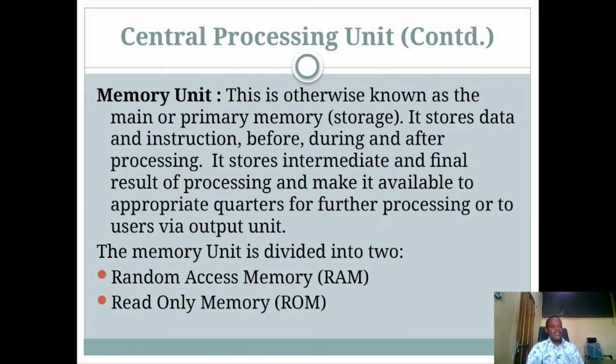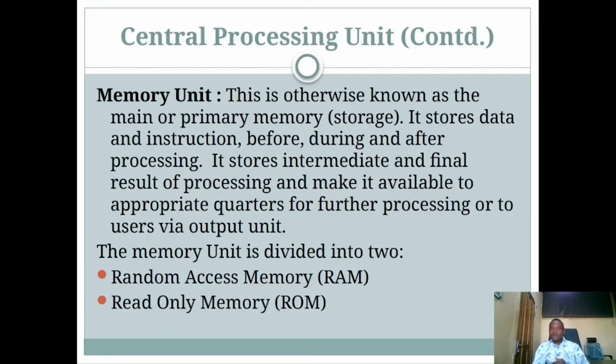Then we have the read-only memory. The R from read, the O from only, and M from memory. That gives us RAM and ROM. Okay, let me quickly go over these two memory units, so that you would understand the difference between random access memory and read-only memory.